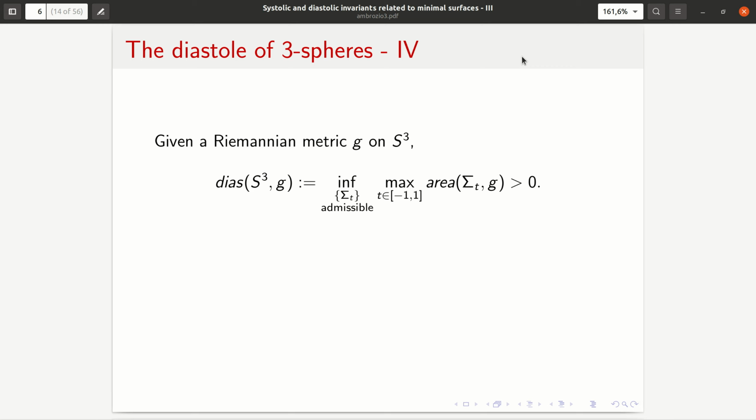Because at the beginning there is little below, at the end there is everything below. So by continuity, in the middle, there is some slice which divides S3 into two pieces with the same volume.